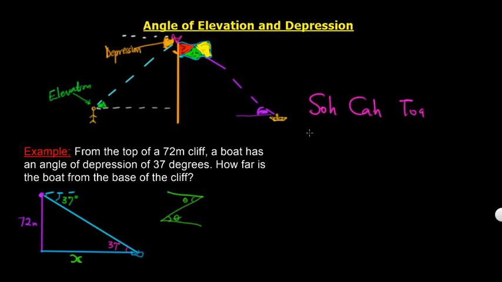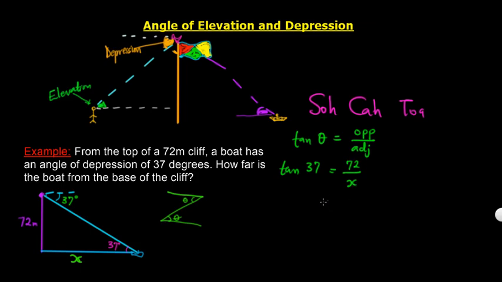That means we can solve the problem by saying tan theta equals opposite over adjacent. Here we have theta to be 37 degrees. So tan 37 degrees equals opposite, that's 72, divided by the adjacent, which is x.